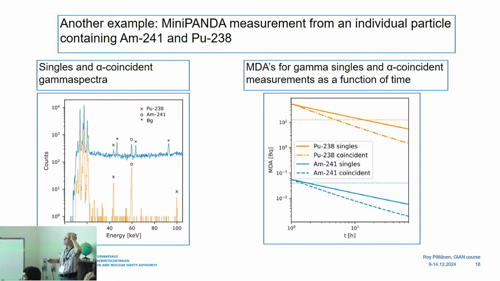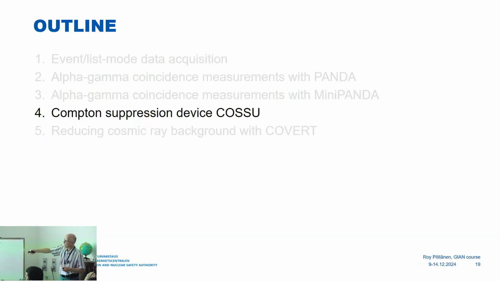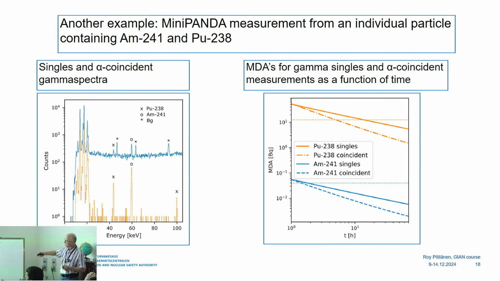or normal gamma spectrum. And these are the minimum detectable activities for the gamma singles or normal spectrum, and alpha coincident measurements as a function of time. So, sorry. This is time here, and this is minimum detectable activity in terms of becquerels.